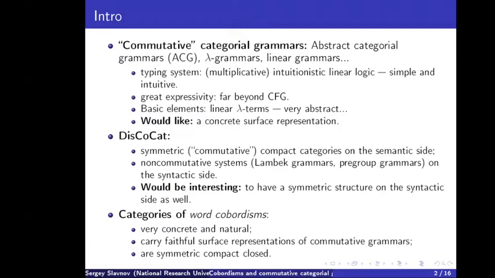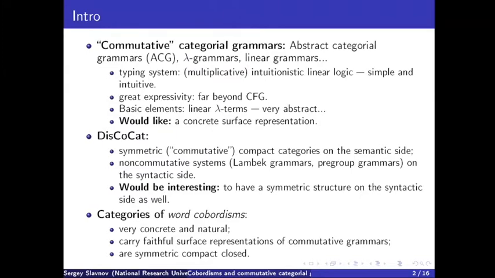And concerning distributional compositional models like DisCoCat. So DisCoCat uses a symmetric compact category, this kind of structure, in a very essential way on the semantic side, like vector spaces or other models of meaning. But on the syntactic side, on the language side, we usually have non-commutative systems like Lambek grammars, pregroup grammars.